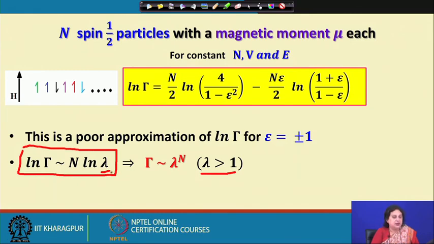So, what does it mean? It means that the number gamma itself can be given by lambda to the power of N, where lambda is greater than 1.